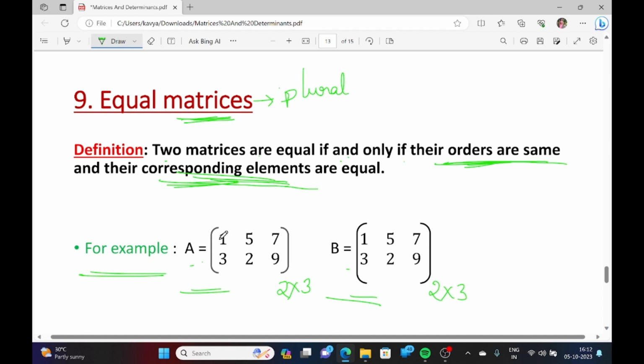Here we have 1, here also we have 1, here 5, here also 5, 7 and 7, 3 and 3, 2 and 2, and 9 and 9. So these matrices are equal. So this is called equal matrices. Have you got it? Okay.